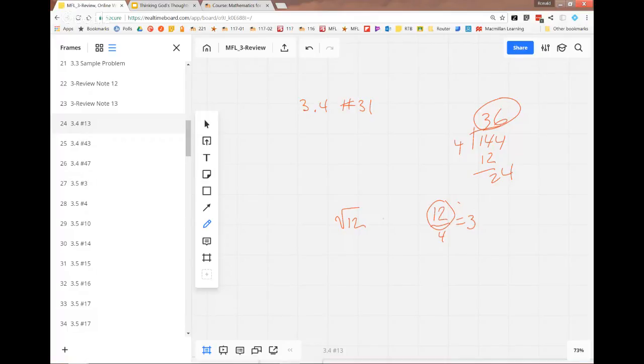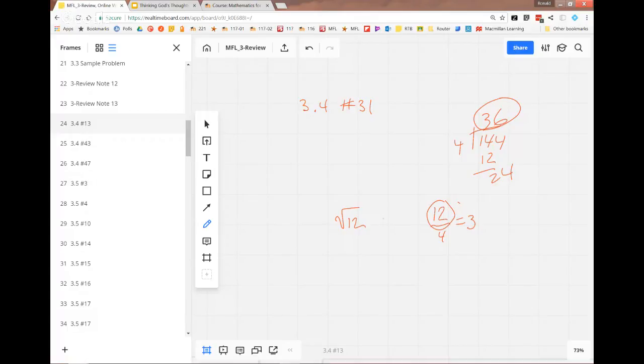But I'll be honest, the hardest part about writing a converse is getting the statement right in the first place. When you start with, in order to, you got to look at it and go, wait a minute, what's the if part and what's the then part? And then write it out.